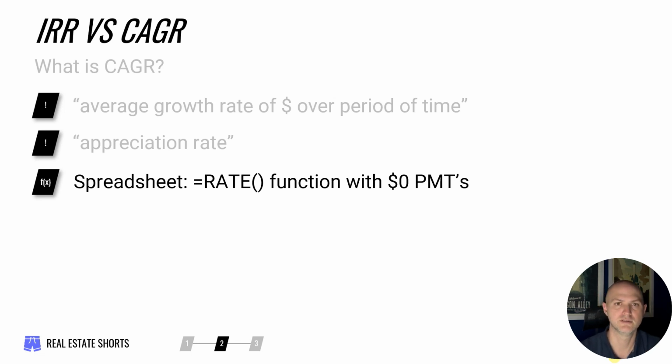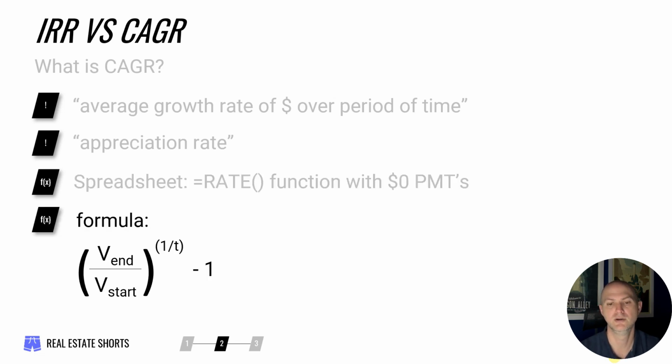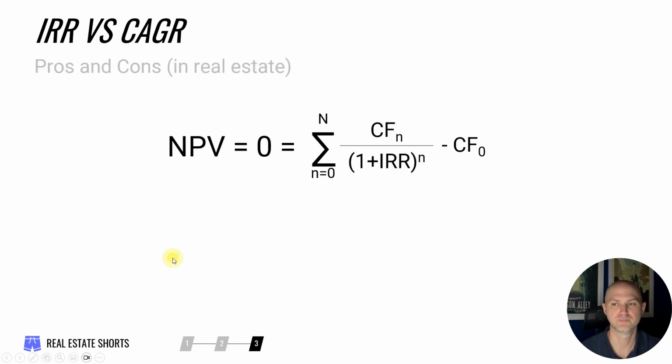The first is we can use the rate function in a spreadsheet, or we can do longhand math. And we could say, given some investment, so the investment at the start, relative to the investment at the end, so what do you get in return, what's that ratio? And we'll raise that ratio to an exponent relative to some period of time, t. So I think really this is where a comparison of the two is important.